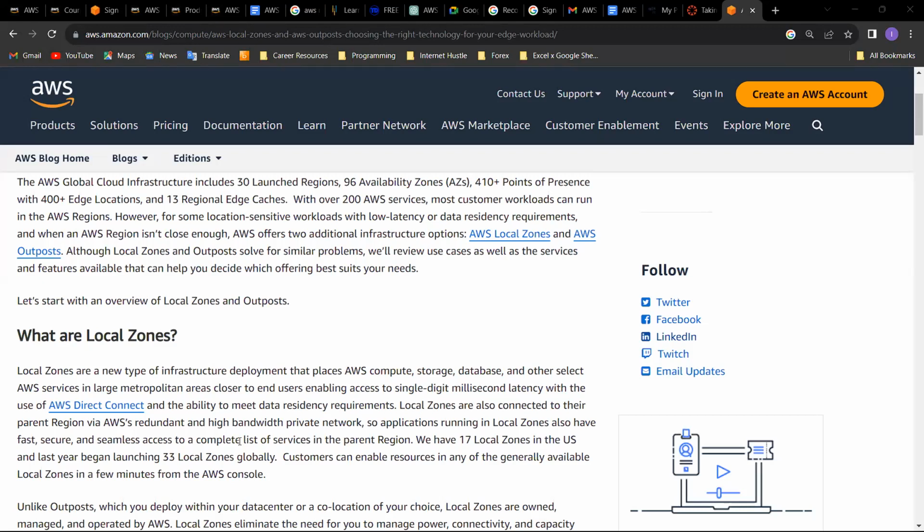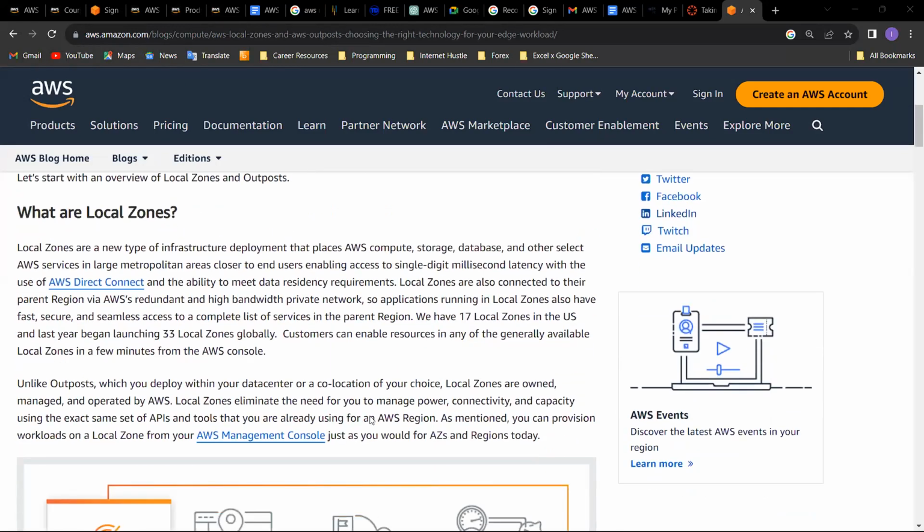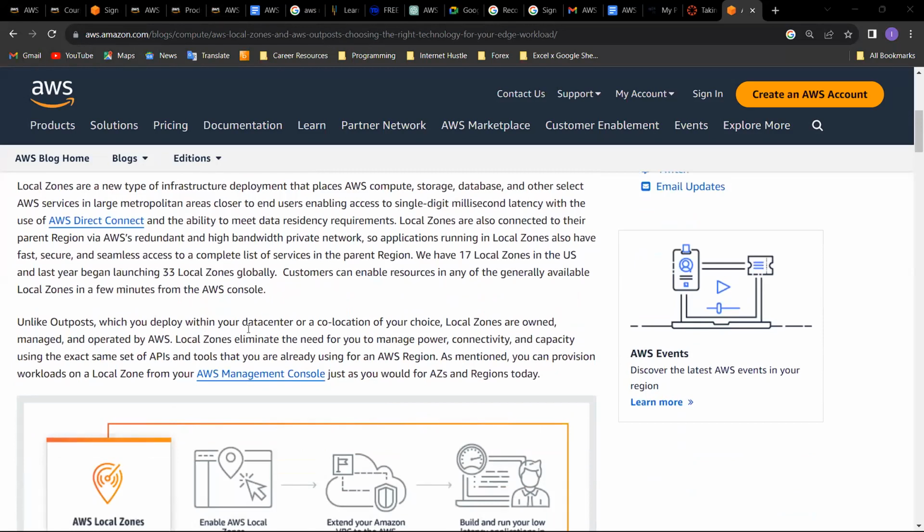So applications running in local zones also have fast, secure, and seamless access to a complete list of services in their parent region. Unlike Outpost, which you deploy within your data center or co-location of your choice, local zones are owned, managed, and operated by AWS. Local zones eliminate the need for you to manage power, connectivity, and capacity, using the exact same set of APIs and tools that you are already using for an AWS region.